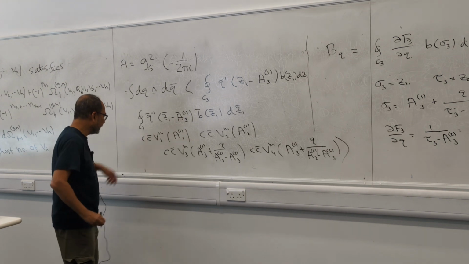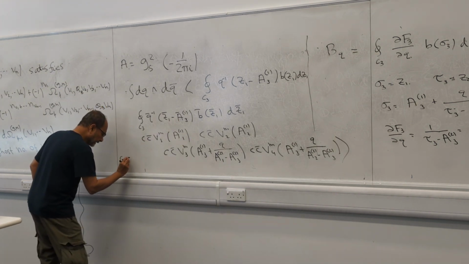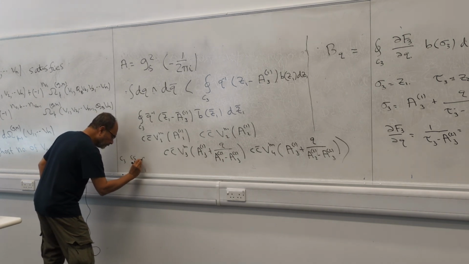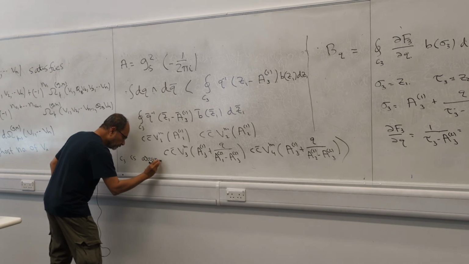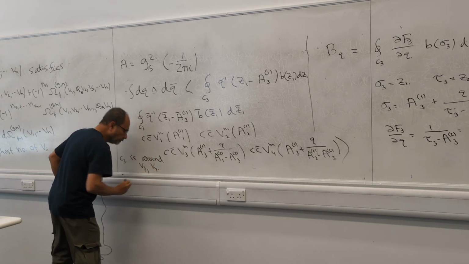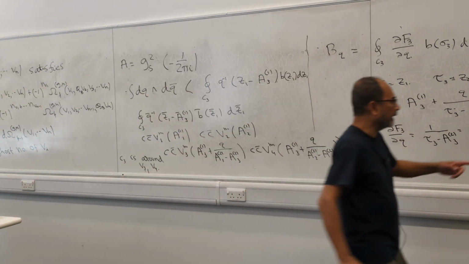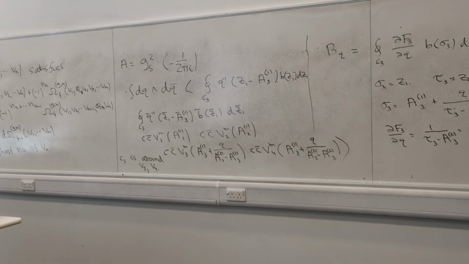And this C3, let me write, C3 surrounds, so this means it encloses this point and this point. You can see it's clear from here, right? What this contour C3 is doing is to separate out 1 and 2 from 3 and 4.